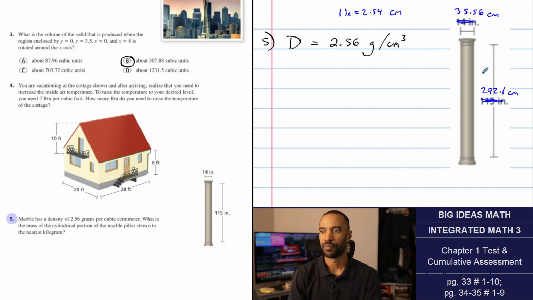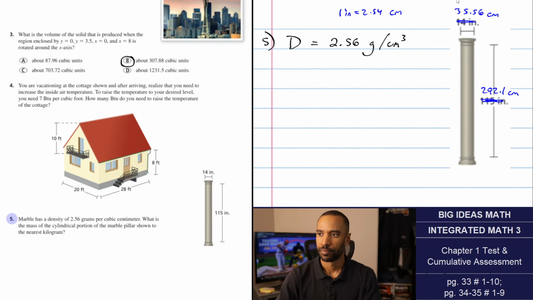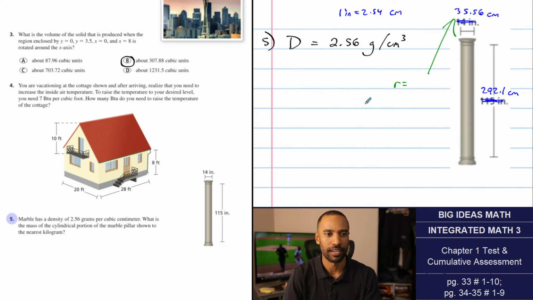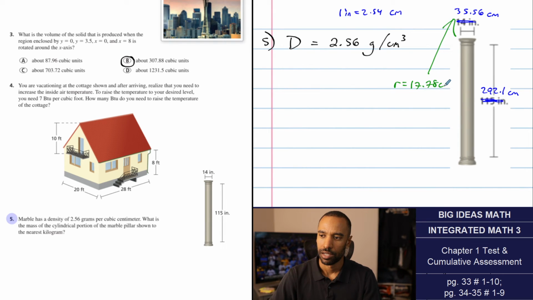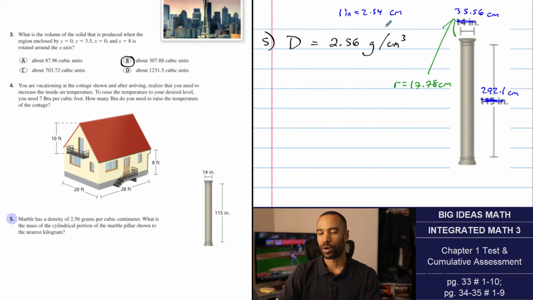Those are exact values. Now, that's the diameter. If the diameter is 35.56, the radius is half of that. 35.56 divided by 2. I think I know. I just don't want to be wrong. 17.78.